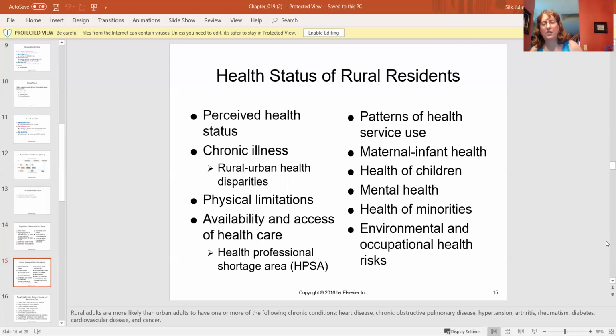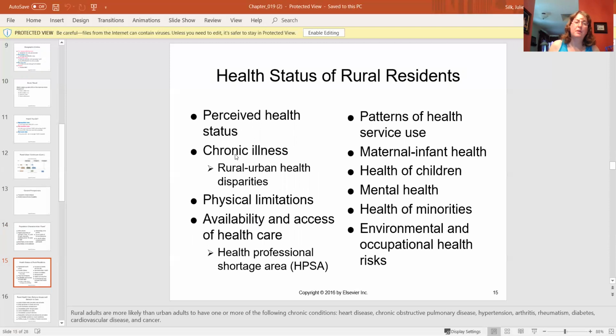And then when you talk about their health status, rural adults are more likely than urban adults to have one or more of the following chronic conditions. Typically they would have heart disease, chronic obstructive pulmonary disease, hypertension, arthritis, rheumatism, diabetes, cardiovascular disease, and cancer.